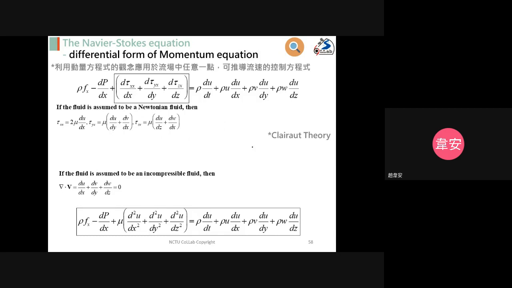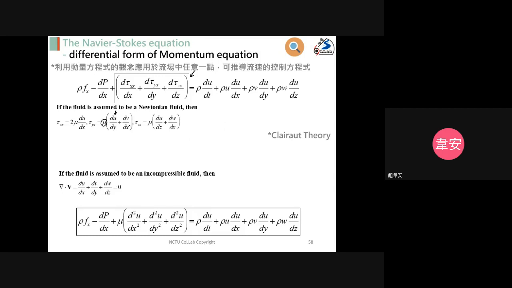So in here, we need to deal with the problem of tau xx, tau yx, and tau zx. As you remember in chapter 2, when I introduced the shear stress, we know the shear stress is related to the viscosity parameters and also related to the velocity gradients, like here shown, du dy plus dv dx.